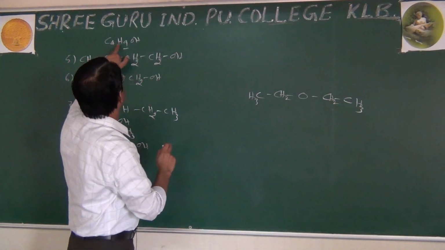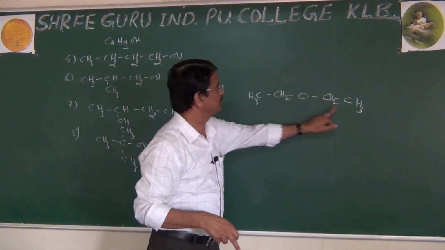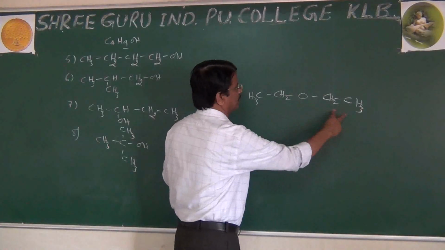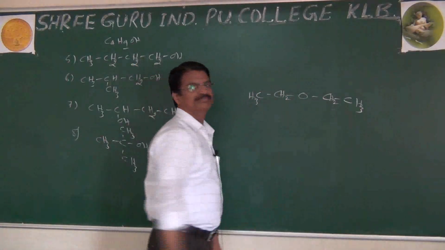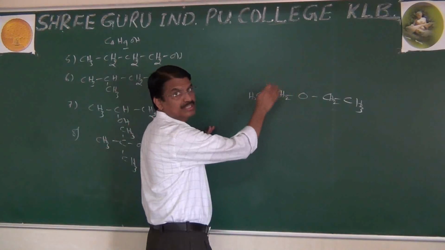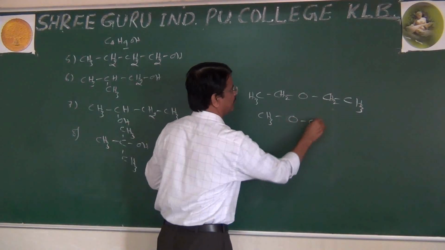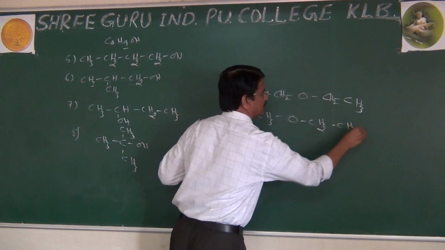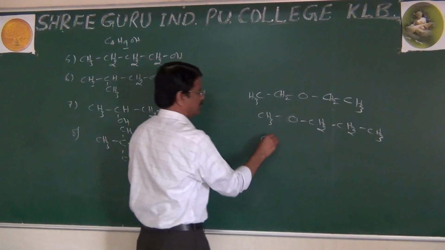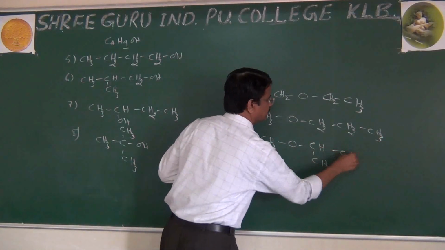See here, C4H9 plus 1, H10, C4H10O. This is an ether molecule, and we can write other examples using this formula. One side CH3, other side CH2, CH2, CH3. CH3, O, CH, CH3, CH3.